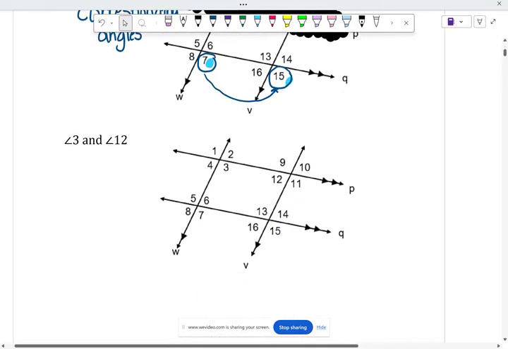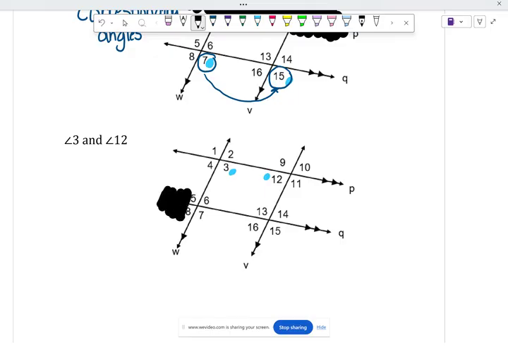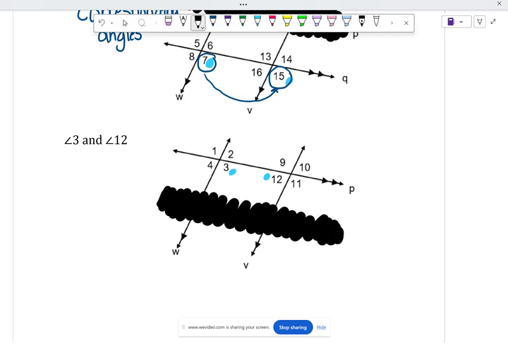The next part is angle 3 and angle 12. Here's angle 3, here's angle 12. We don't need any part of line Q this time to be able to tell the relationship between angle 3 and angle 12.